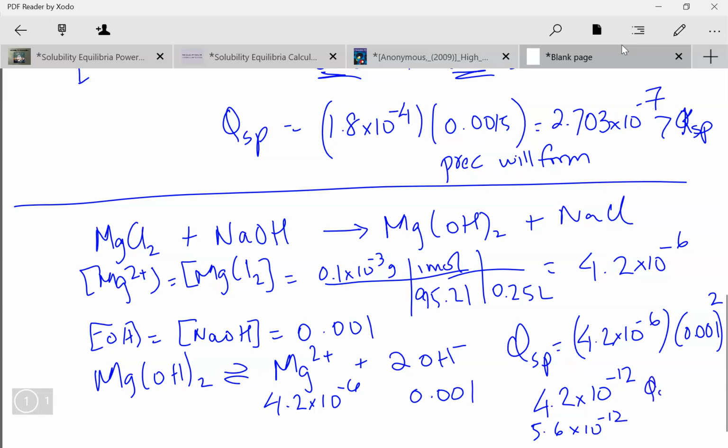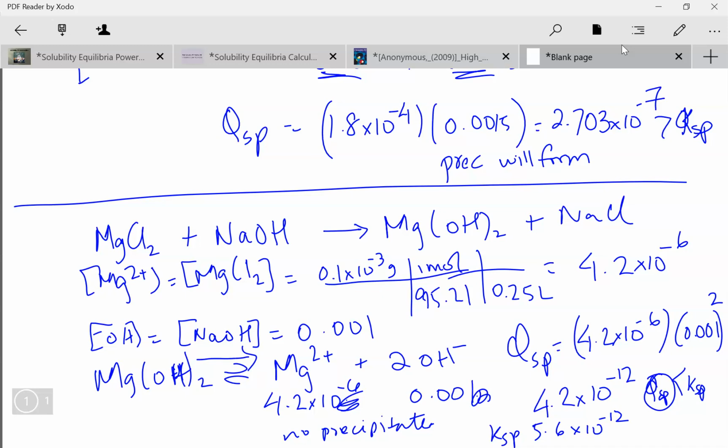So here my QSP is actually less than my KSP, which means that no precipitate will form, because these concentration values are too low. So even if I add a little bit more magnesium hydroxide, it will still dissociate into its ions.